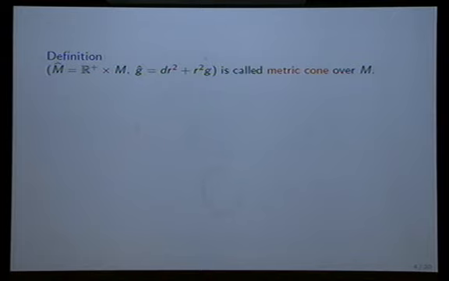The radial coordinate here is called r, and we have dr squared plus r squared g, where g is the metric on M. This is called the metric cone over M. You can do this for any pseudo-Riemannian manifold, and the simplest example is Euclidean space written as a cone over the round sphere of constant curvature 1.